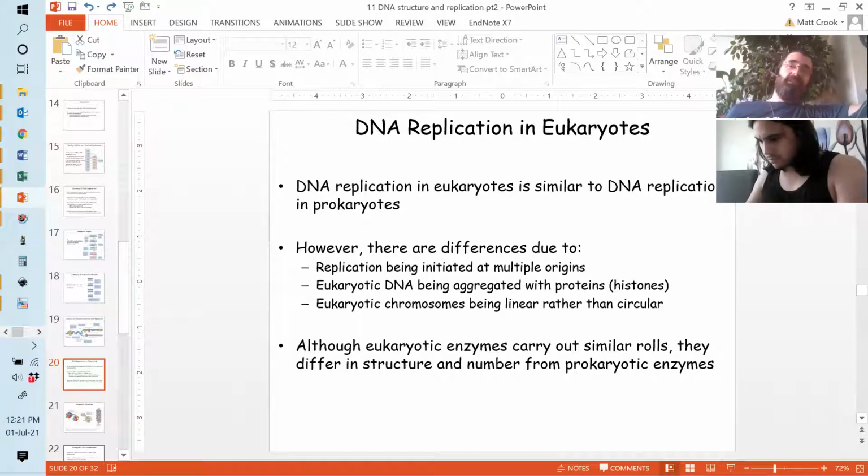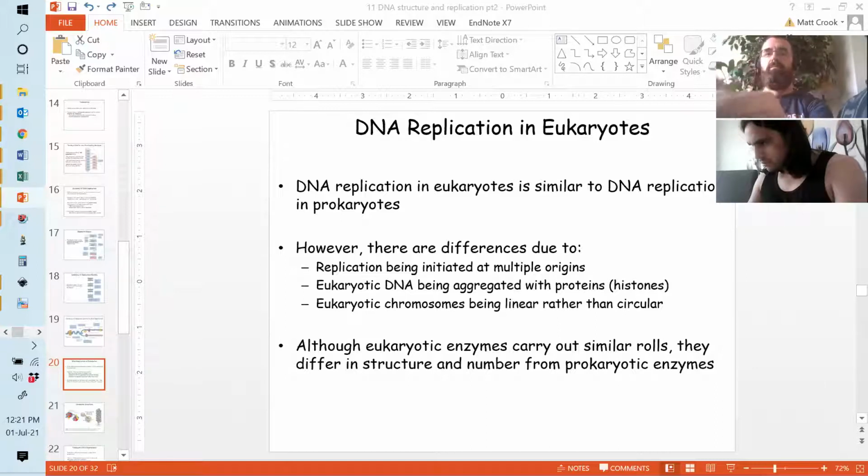And also, eukaryote DNA is always complexed with proteins, right? So eukaryote DNA is actually nucleoprotein. So that's another word that's worth popping up. That's DNA plus protein, histones, actually.